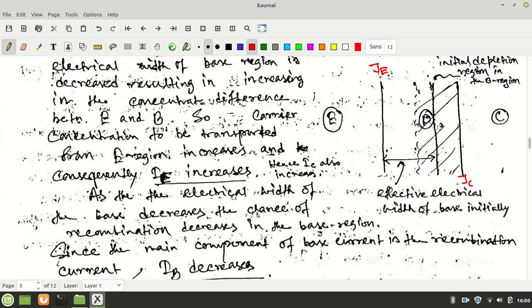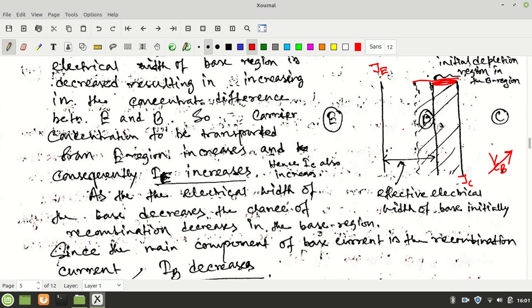But if you increase the voltage VCB, that is the collector voltage with respect to base, then the reverse bias voltage increases, and the depletion region will increase. So the depletion region, initially up to this point, will spread more into the base region. So the effective electrical width of the base, where the majority carriers stay, will be decreased.